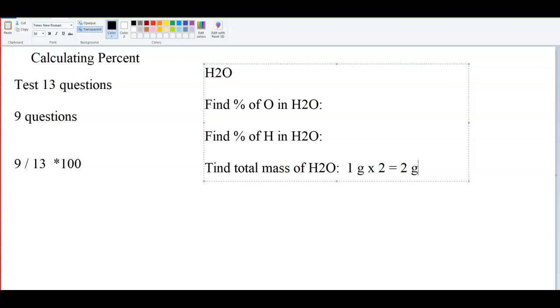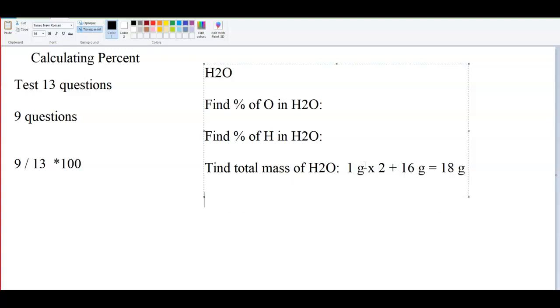And then you're going to add this to the mass of oxygen. The mass of oxygen is 16 grams. This will give you 18 grams. That is the total mass.